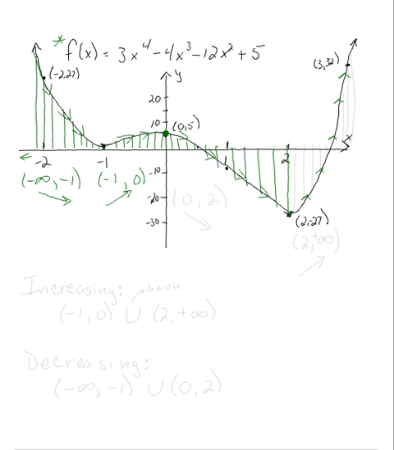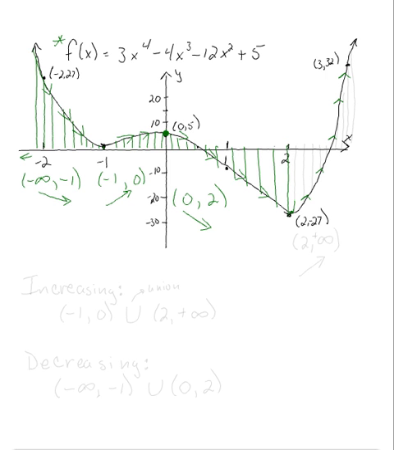So now this time the x values that I'm interested in are the x values from 0 up to 2, where things start to change direction again. And in that range, the y values are all going down. They're decreasing.